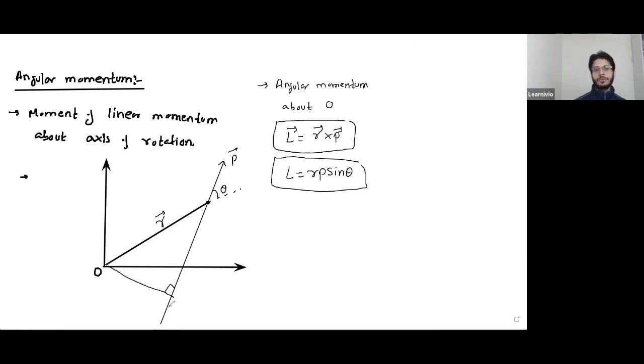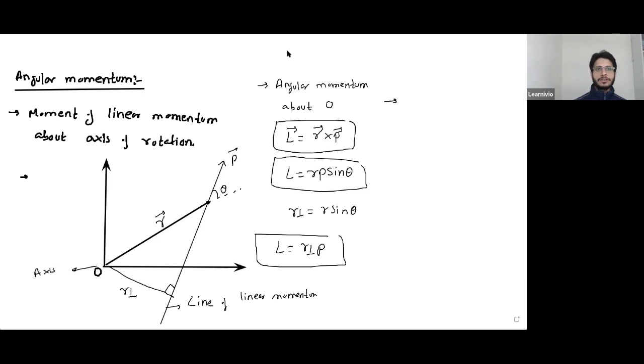This is the line of linear momentum, and this is the axis. So the perpendicular distance is this R perpendicular. Like the previous calculation, R perpendicular is R sine theta. So your L will be R perpendicular into P.